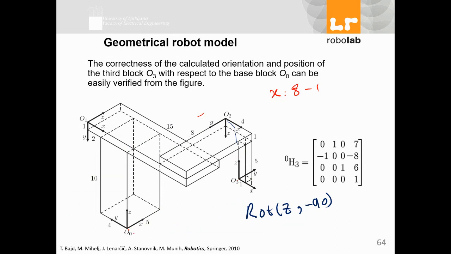In terms of y, it's negative, definitely, because it's going this way. What I have is 15 minus 4 for y, in negative, and minus 1 as well for going back.